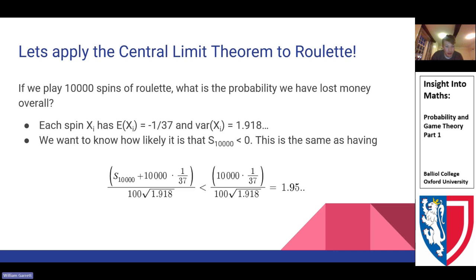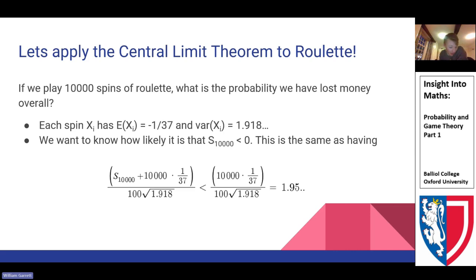So we know that each spin has mean. Type in chat. What is the mean? What is the expected value of each spin? Yeah. So each spin has mean 1/37th. Good. And I plunked around on my calculator earlier, and I calculated for you guys that the variance of each spin is 1.918-ish.